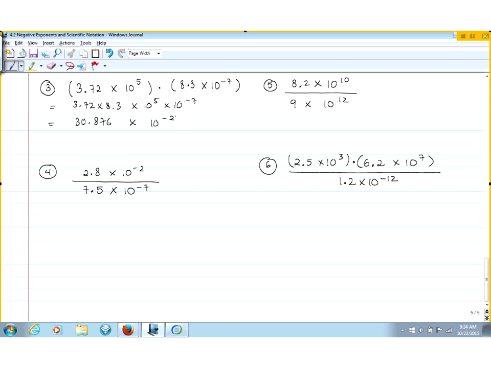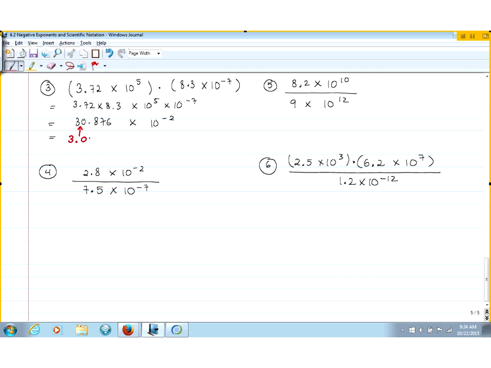Okay. Now, is this in scientific notation? No. So this part, this is not between 1 and 10. So I have to change this to scientific notation. So what will this be? So put the decimal here.